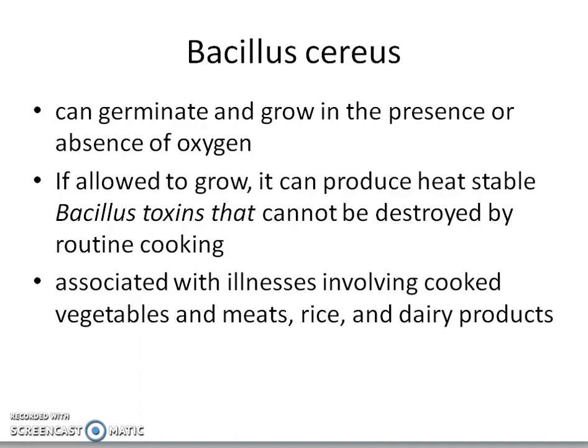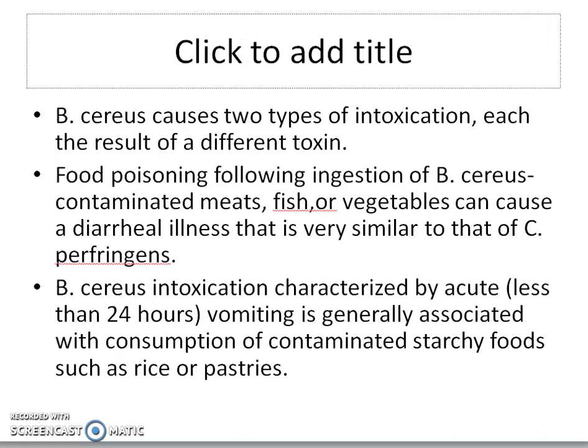So you have to make sure that the food you take, be it vegetable, meat, rice or dairy products, is not infested with Bacillus cereus, because it could result in the formation of a heat-stable toxin. They form two types of intoxications, caused by different toxins. Food poisoning following the ingestion of Bacillus cereus contaminated meat, fish or vegetables can cause a diarrheal illness very similar to that of Clostridium perfringens.